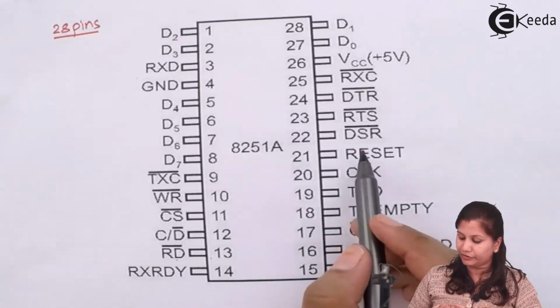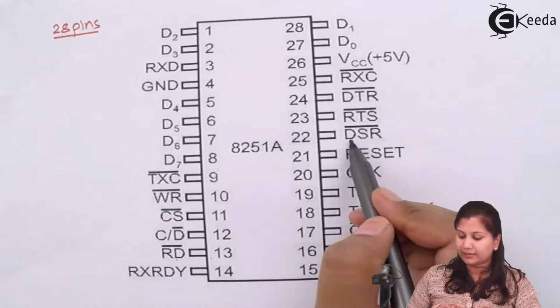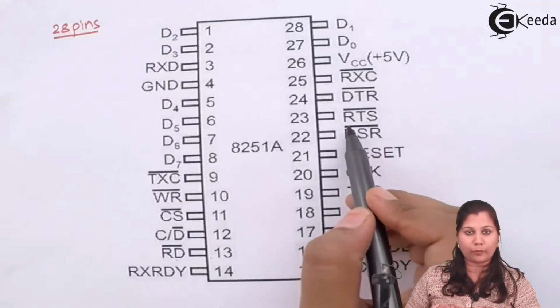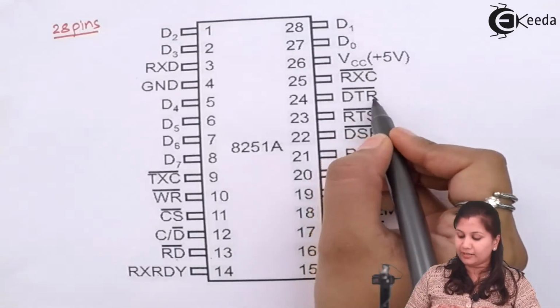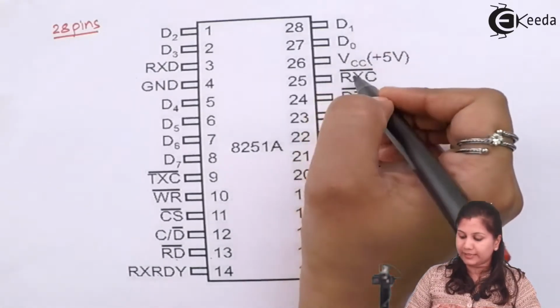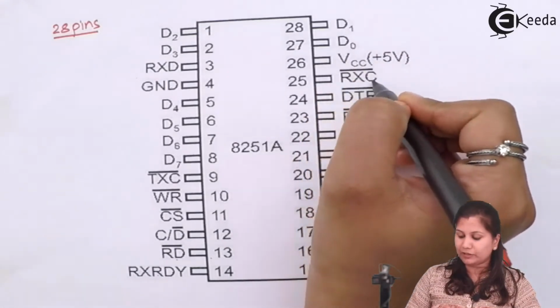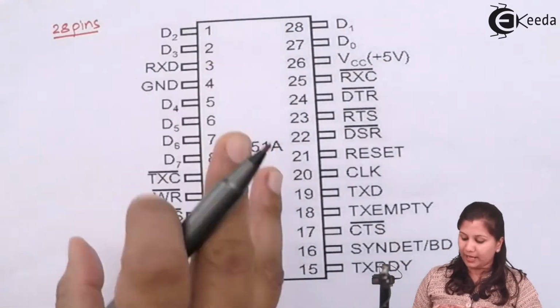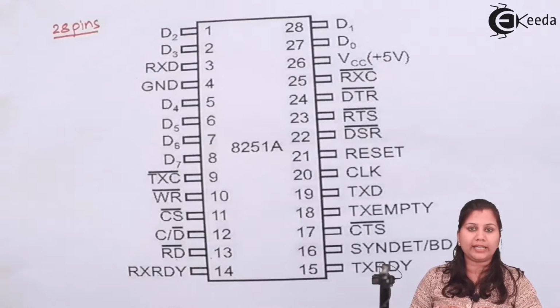Then we have the reset pin. This is DSR, data set ready. RTS, request to send. DTR, data terminal ready. Then these we have already discussed: receiver clock, VCC, D0 and D1. So this is how the different pins of the 8251 IC are described.